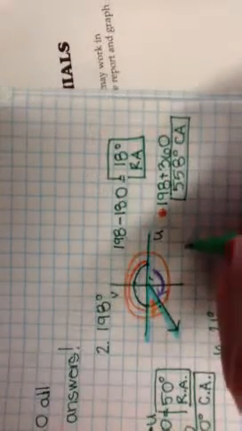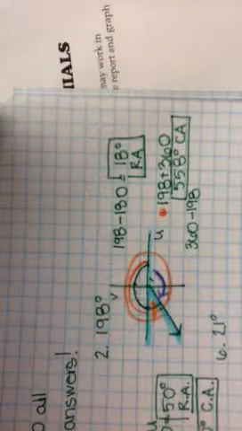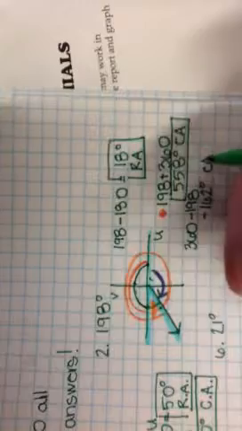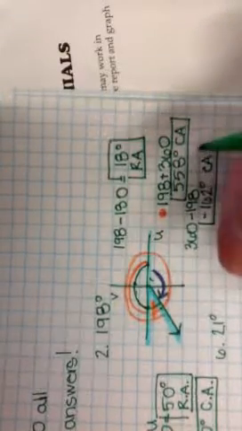I can just take 360 minus 198. And what do I get? I get 162 degrees. Now remember, for this one I went in the opposite direction, so my final answer is negative. So that's another coterminal angle.